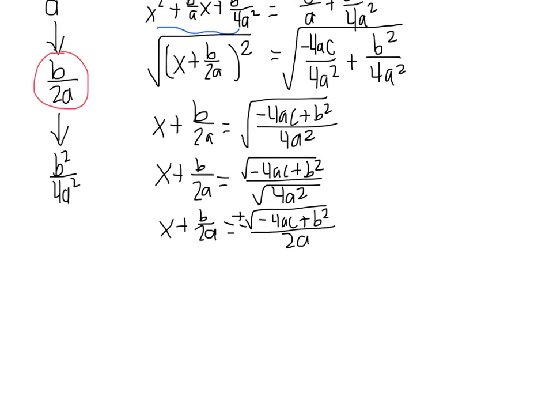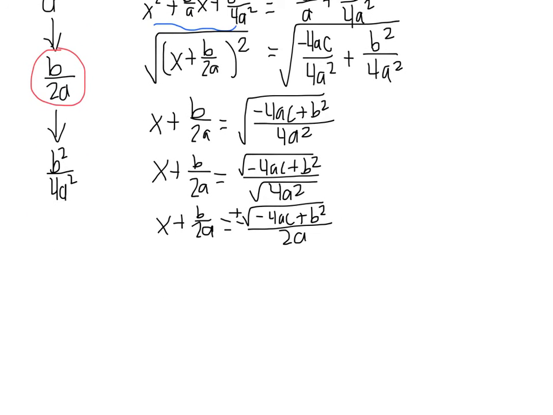So now the almost last thing we're going to do here is solve this equation in terms of x. So we're going to make it so x is by itself. That'll be easy. All we have to do is move this b over 2a to the other side. So we're going to do plus or minus the square root of negative 4ac plus b squared all over 2a, minus b over 2a.